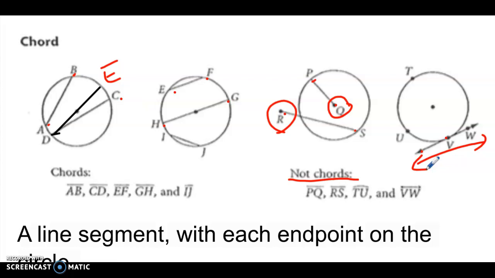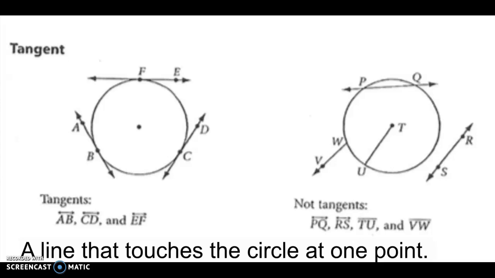So next, what are we supposed to call VW? It's a tangent. A tangent is a line that touches the circle at one point. As you know here, a tangent is a line, and it only has one point. One point.